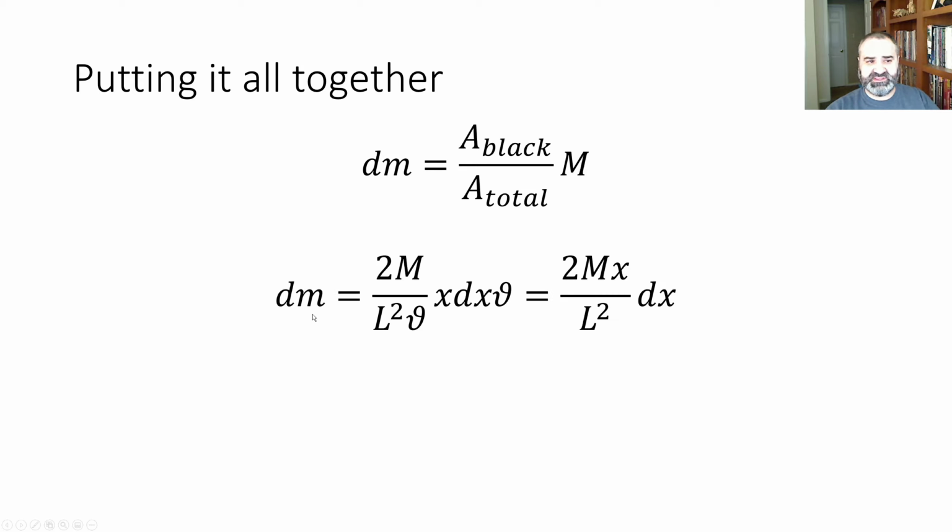We notice that dm is 2m divided by L squared theta times x dx theta. Thetas cancel. So we get 2mx over L squared dx. And if we remember, dm is lambda dx. So we have discovered lambda: 2mx over L squared, just as we had used in the first problem.